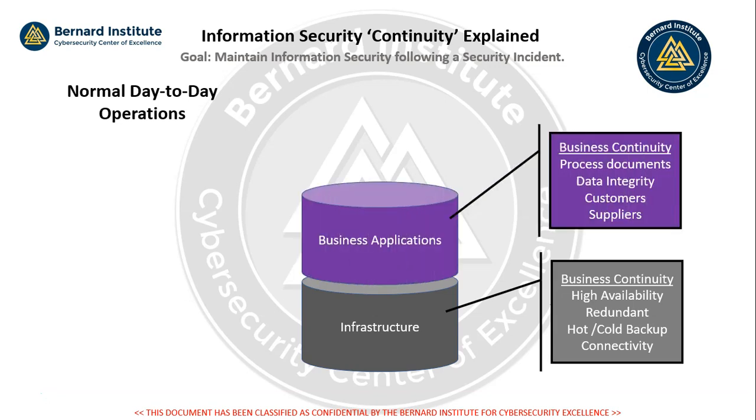On top of the infrastructure are the applications. There are many different types: enterprise applications and COTS applications, commercial off-the-shelf software that we buy like Windows, Visio, and other things like that. Business applications need to provide process documentation and data integrity, so inside those processes they need some way to do exception or exclusion checking to validate that the data is accurate.